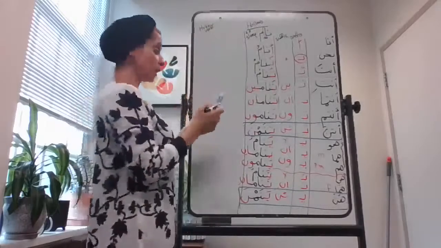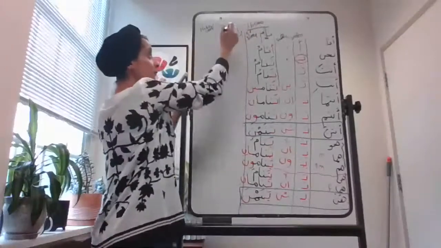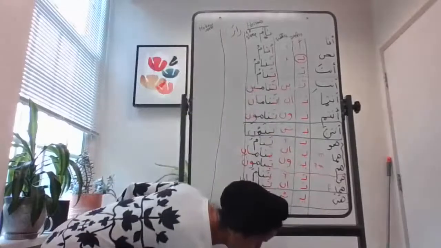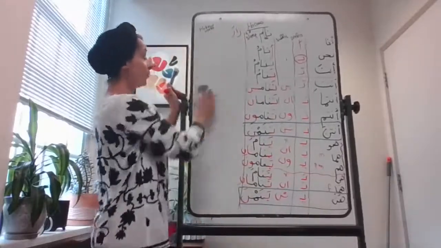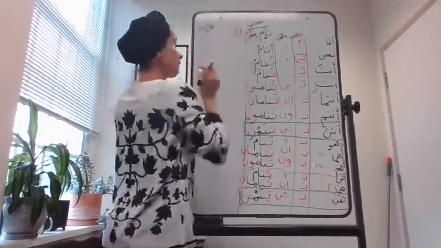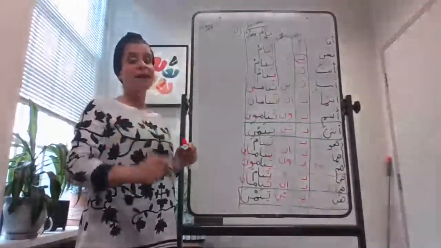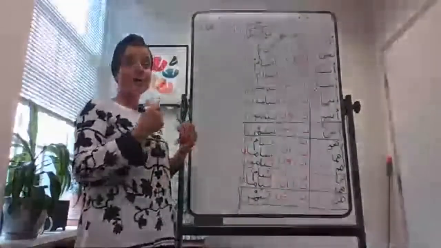I'm going to use the verb zara now. Zara, the alif is the vowel. As I just told you, in Zara's case, the alif is originally waw. Zara, azuru.